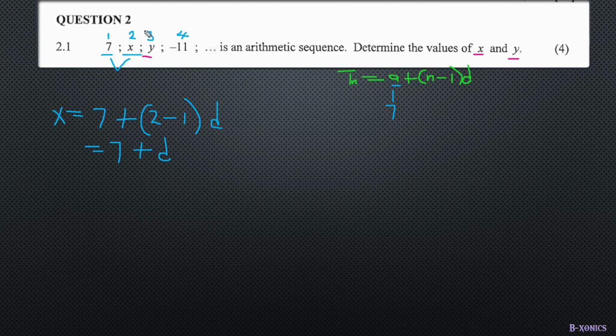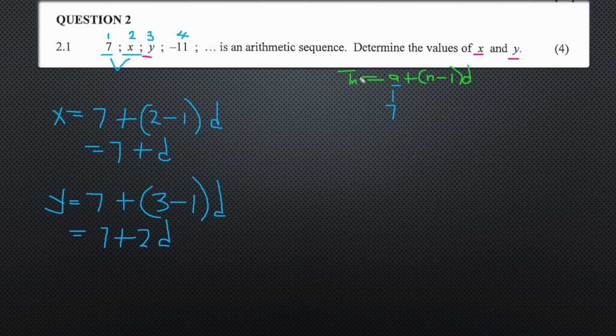Let's go to y, at position number 3. y equals 7, which is a, plus (3 minus 1) times d, and this equals 7 plus 2d. So we have our equations for x and y, and we are sorted.